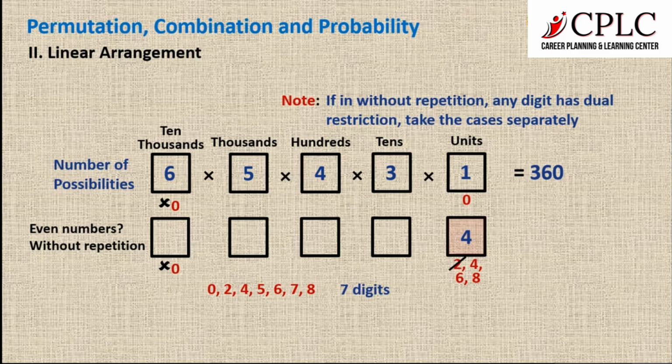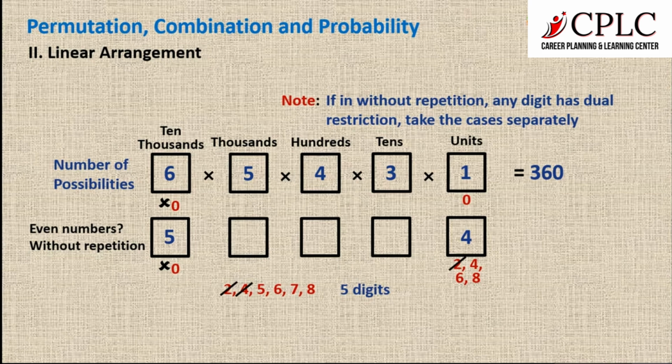So even though we have 6 digits, 10,000s place will have only 5 choices because 0 cannot come there. Very important, very critical. You'll have to be very careful, otherwise you will make a small error here and your entire answer goes for a toss.